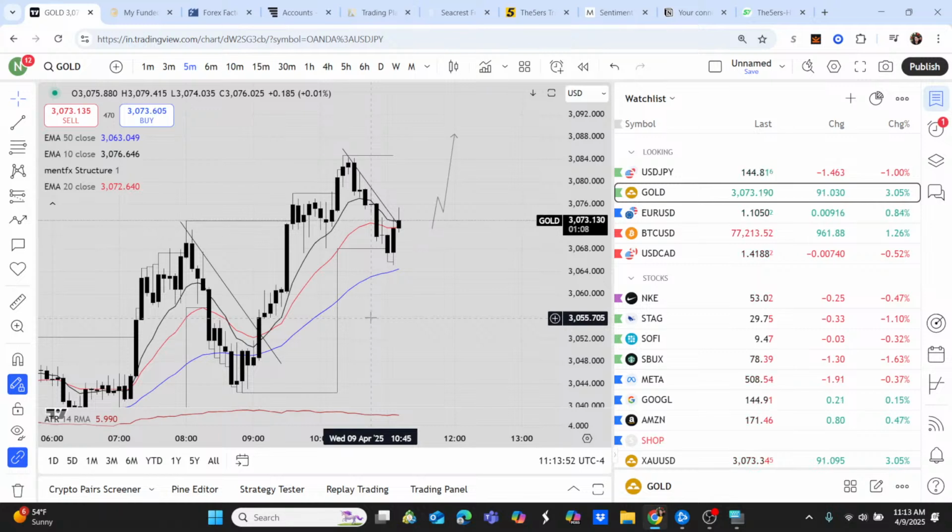So we got 1 minute for this candle to close. Even if it closes right there, that would be a good spot for it to close. Wait for the pause.